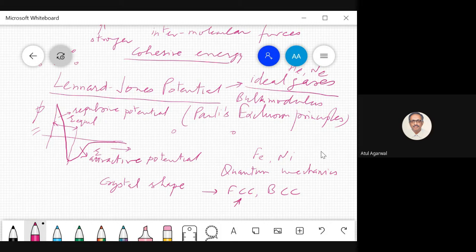So why do you have strain energy? Because you are disturbing the atoms from their equilibrium position. Suppose this is the equilibrium position of the crystal. Now you apply some force, so this particle moves this distance.